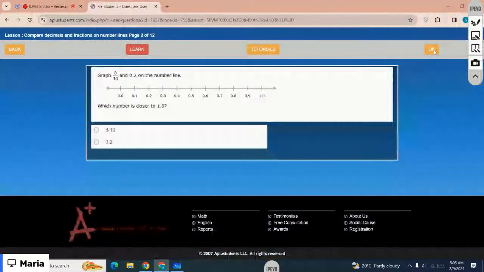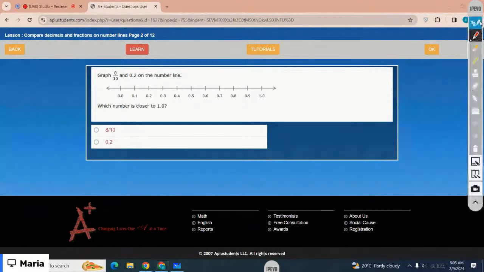The next one is 8 over 10 and 0.2 on the same number line. Which number is closer to 1? So which is the correct option? You cannot graph a fraction and a decimal on the same number line, right? So you need to convert the fraction into decimal also. When you convert 8 by 10 to decimal, that would be 0.8. So here is 0.8 and here is 0.2.